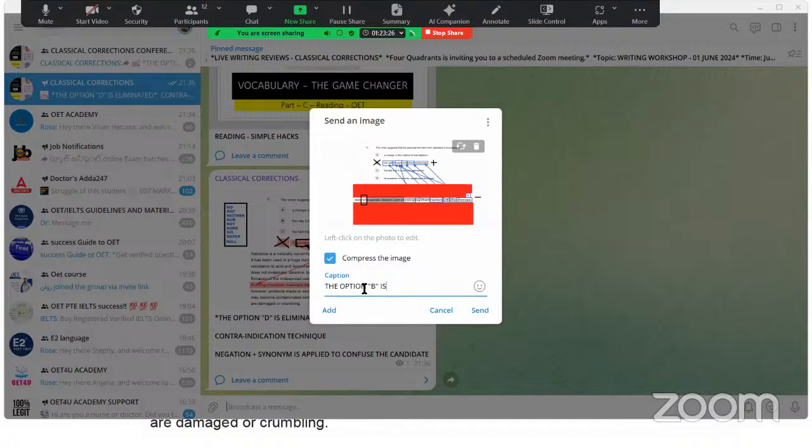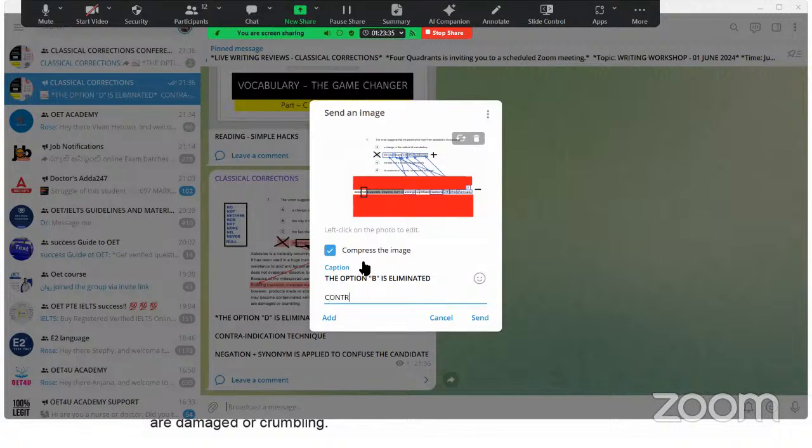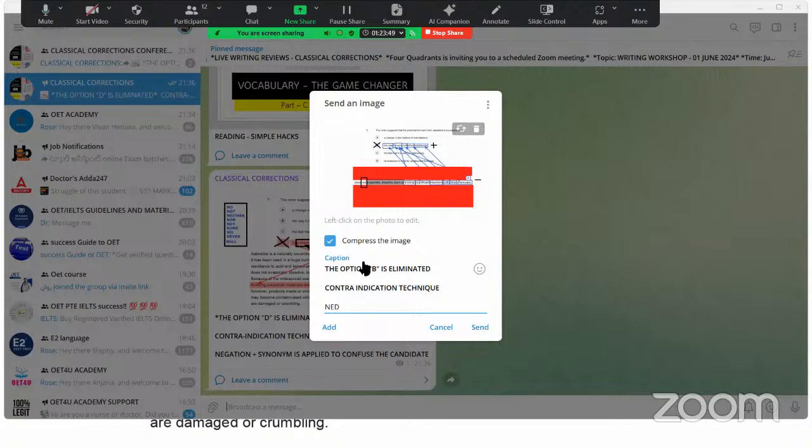The option B is eliminated. Contraindication technique: negation is applied with an alternative phrase.